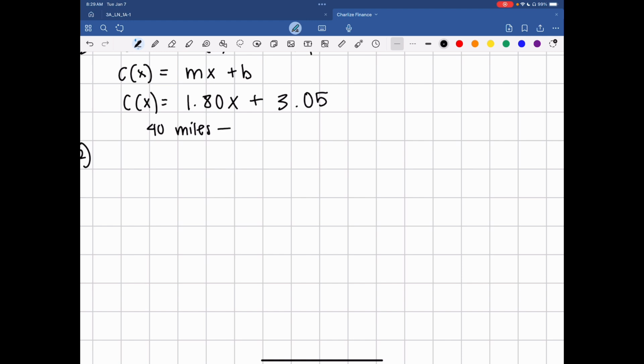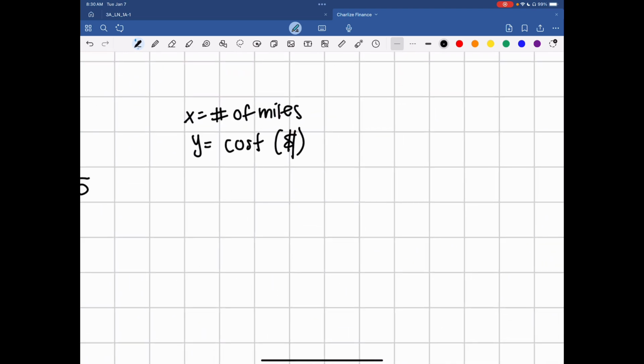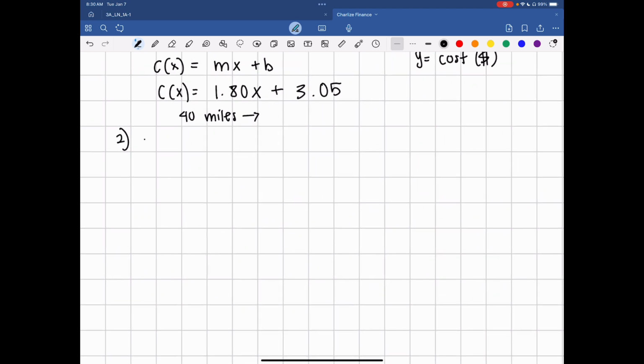Remember that X is the number of miles, and Y, the cost, is represented in dollars. So it would be like this: C of X is equal to 1.80 times the number of miles, 40, plus 3.05.